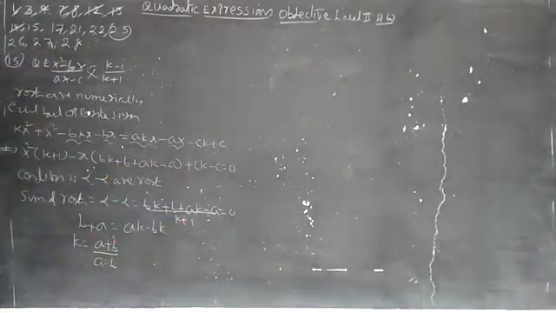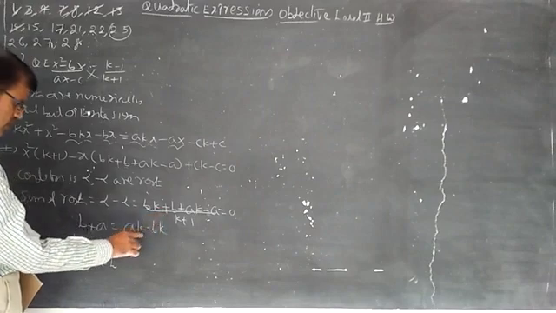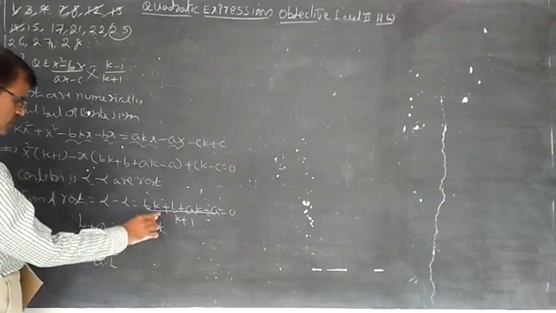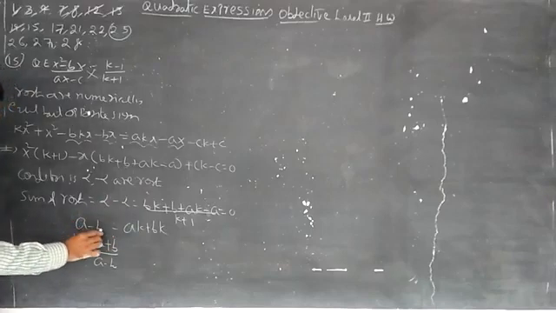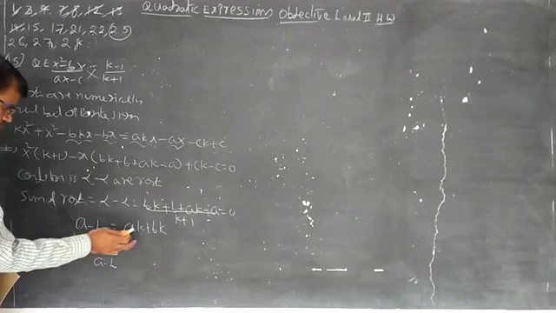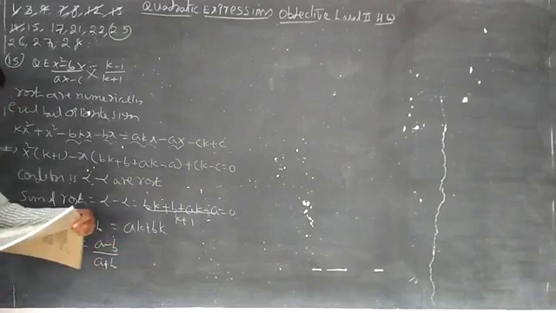So 0 taken to the side, then we got bk plus ak. So ak plus bk you write here, and a minus b. A minus b is equal to ak plus bk. So k is equal to (a − b)/(a + b).